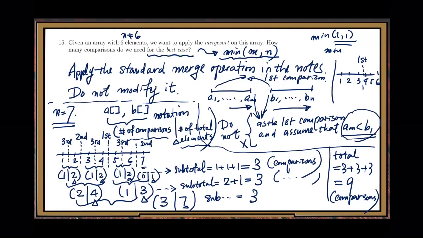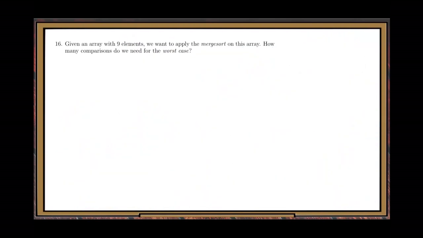For the next one, we change to the worst case. We use a different formula, but the notation, the way we run the merge sort, is the same as what we did here. All right, so let me go to the next question. This time, n equals 9. But we should select some n not equal to 9.